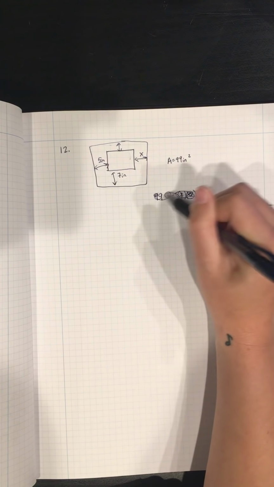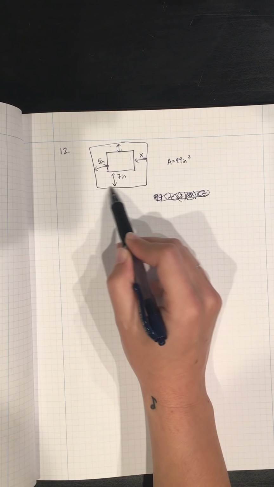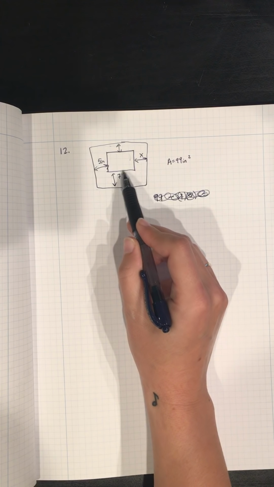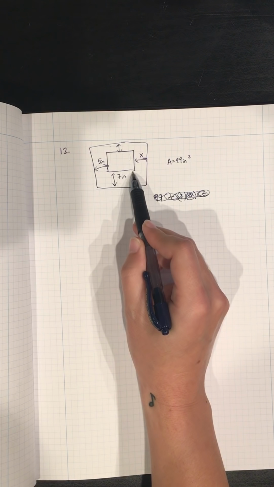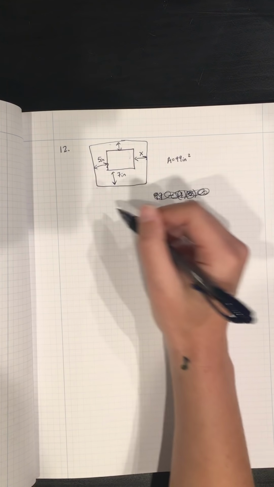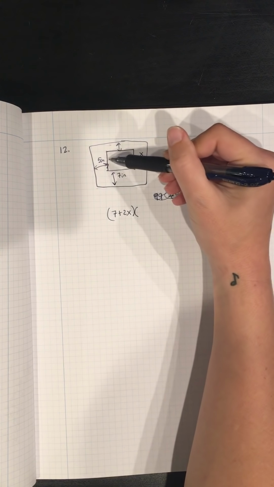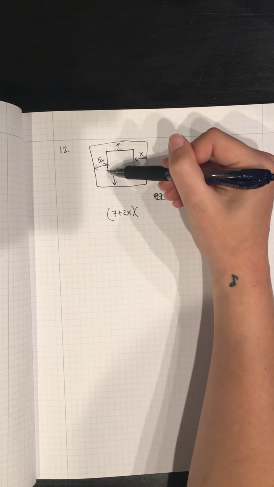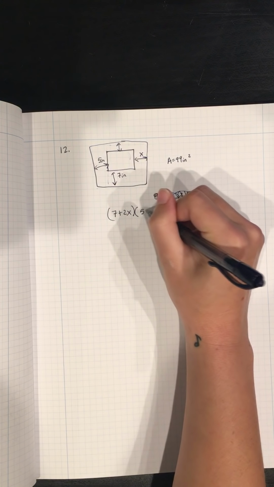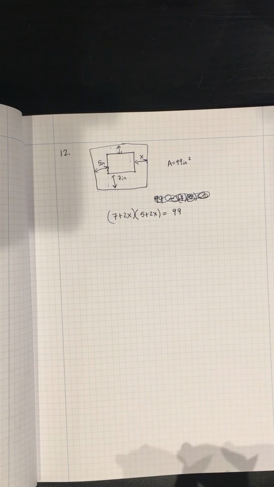That's not what I want to do. Okay, so I know that this side, this total thing including the picture and the frame, is 7 plus x on this side plus x on that side. So that's 7 plus 2x. And this way it's 5 plus x here plus x there, so that's 5 plus 2x. And I know that that equals 99. That's how I'm going to do it.